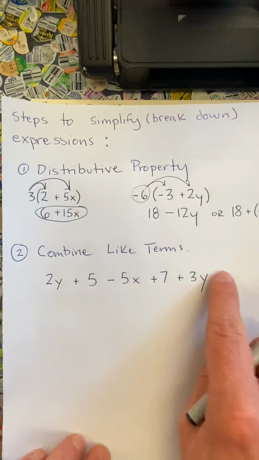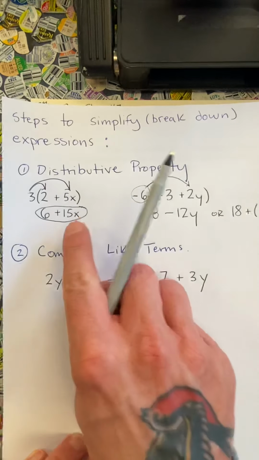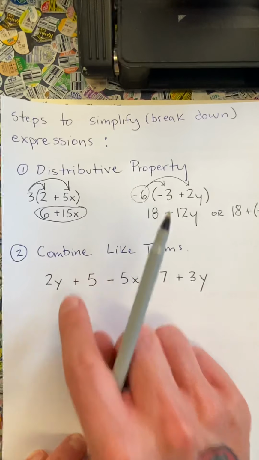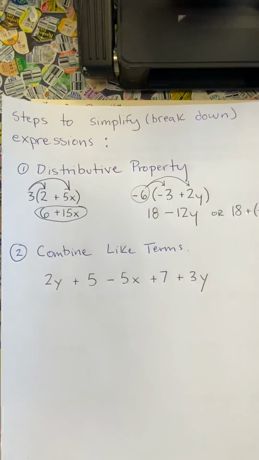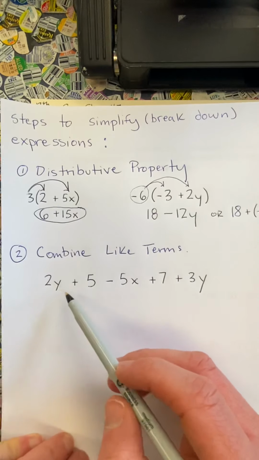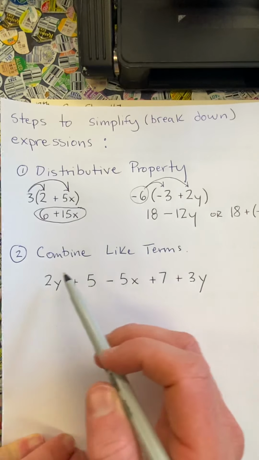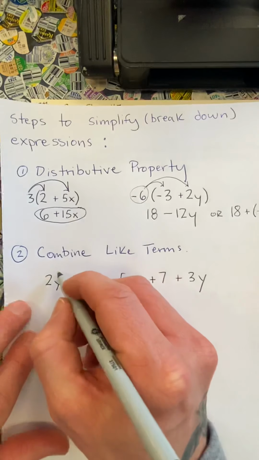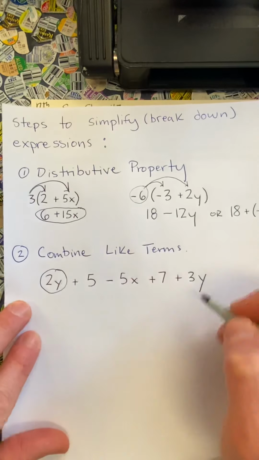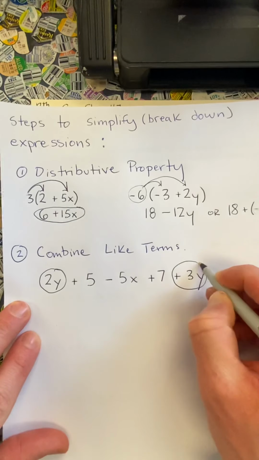That means when we have an expression like this, where there's no parentheses, we combine things that are alike. So we're looking for things that have the same exact variable or regular numbers. So I see that we have 2y and positive 3y.